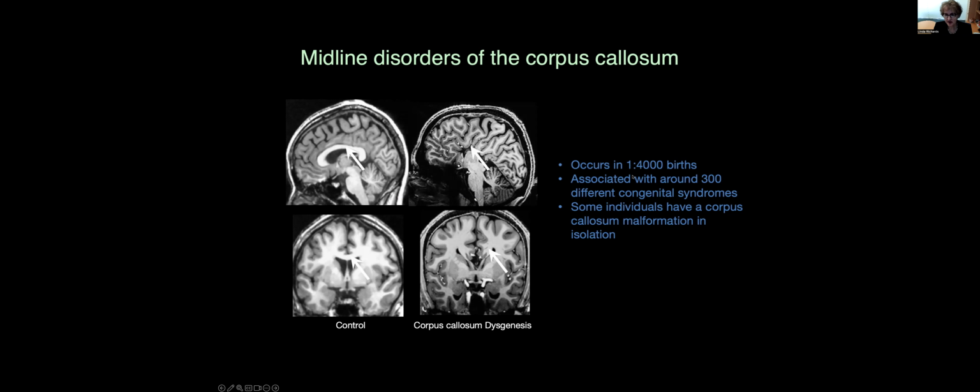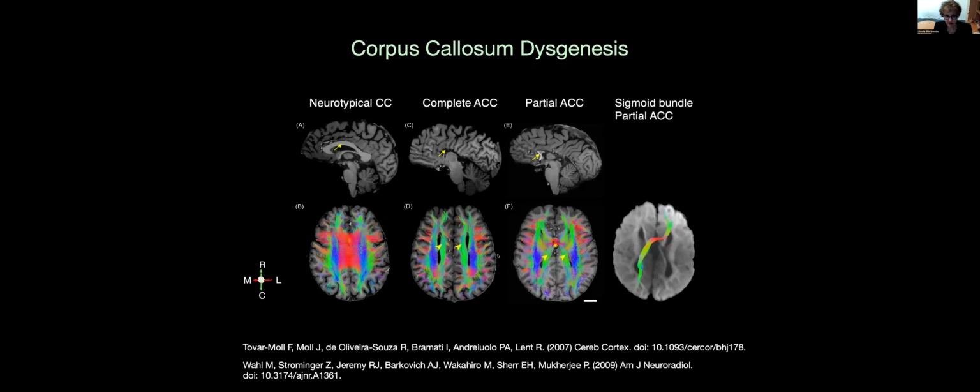This condition occurs in about 1 in 4,000 births and is associated with around 300 different congenital syndromes where the person has a corpus callosum disorder and another problem could be in another organ system or another area of the brain. But some individuals have a corpus callosum malformation in isolation. That is, they only have the corpus callosum disorder. And these are the individuals we work most closely with in our cognitive experiments.